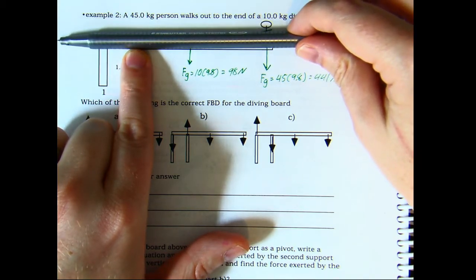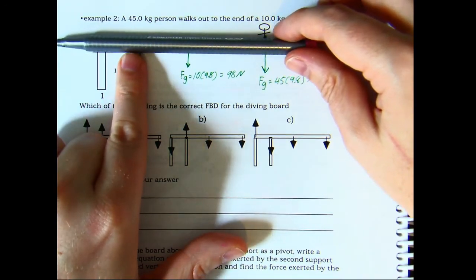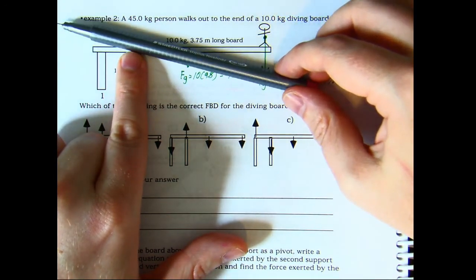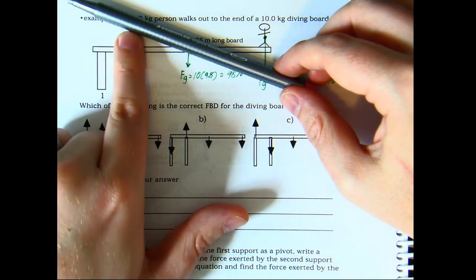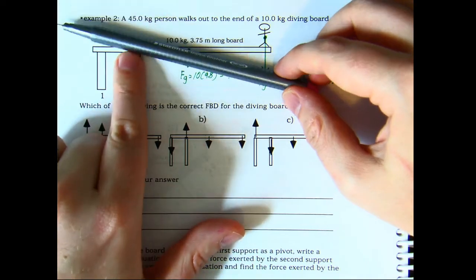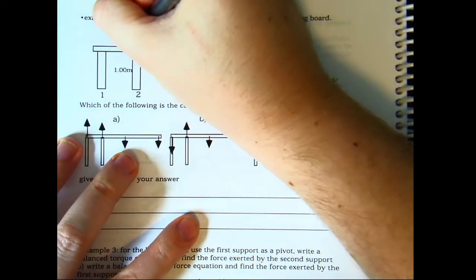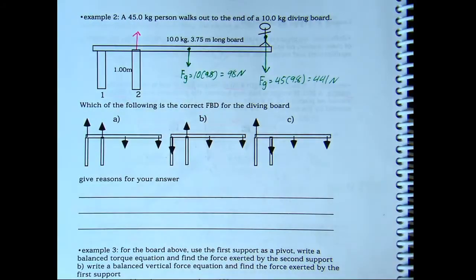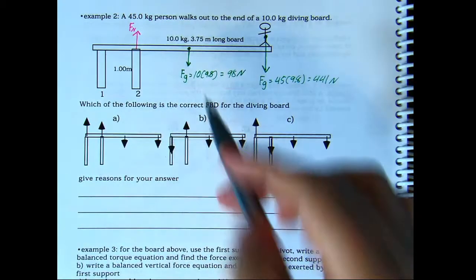Well, if we put a dude here and this support remains stationary, this is going to fall here. What this support is doing is pushing up on the diving board here. It's preventing this end from falling. So this particular support is actually creating an upward force. I'm going to call that a normal force. It's the force of the board resting on this guy.